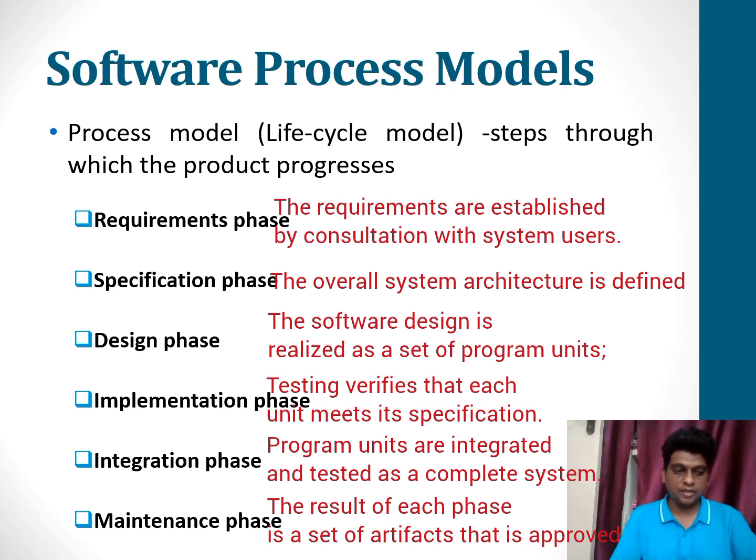Then in specification, we define what the system should do. In the design and implementation phase, we define the organization of the system. In the integration phase, we combine the programming code into a single unit model. In the maintenance phase, we check whether any changes or service are needed by the customer.